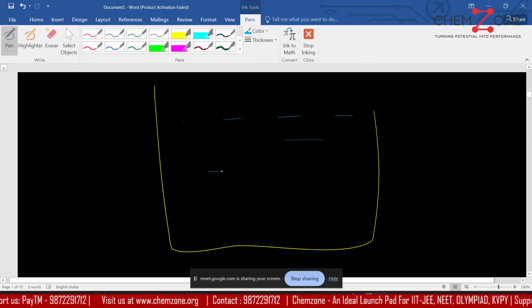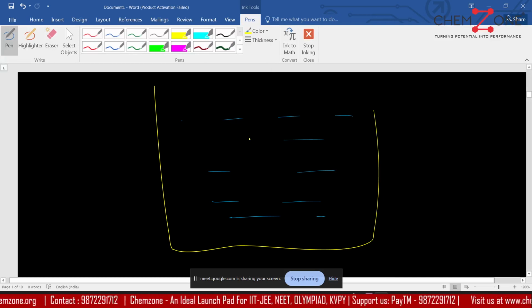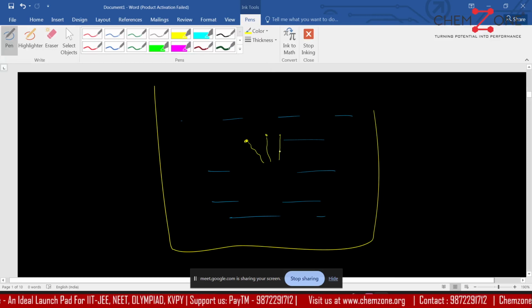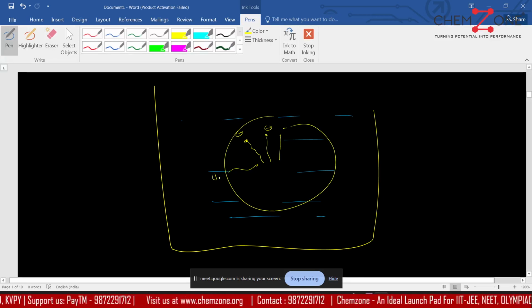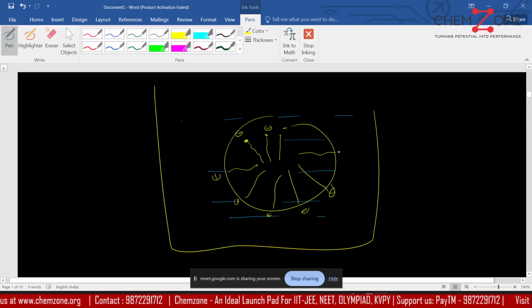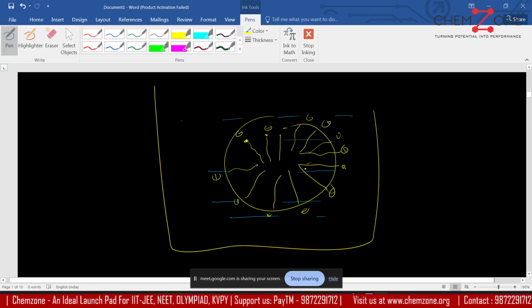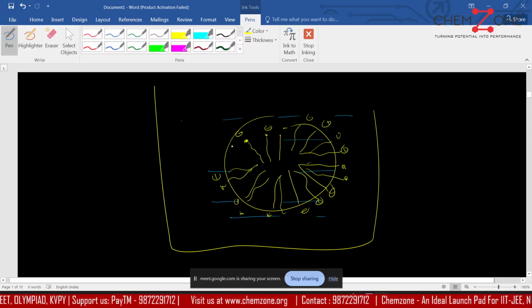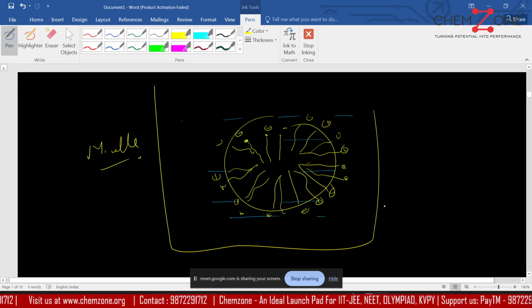The soap molecule's polar part is towards water and the non-polar part is away from water. They make a spherical cluster, the negative polar part towards water, and the non-polar part moving away from water. This spherical cluster that we get is called a micelle.